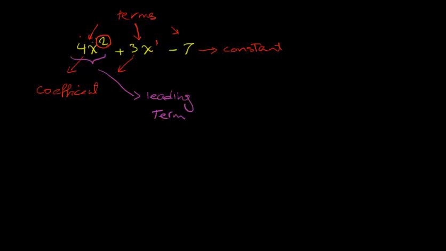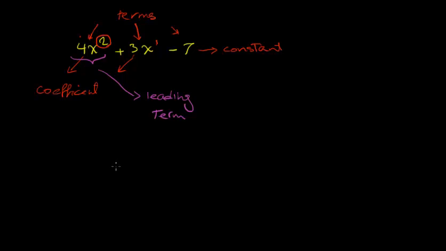The exponent on a term tells you what degree the polynomial has. For instance, in this example, the leading term is a second degree term because the exponent is 2. So the exponent tells you what degree the polynomial is. Let's write another example.